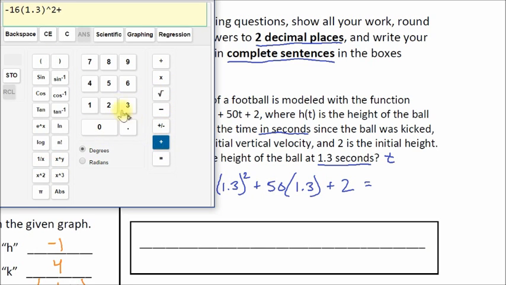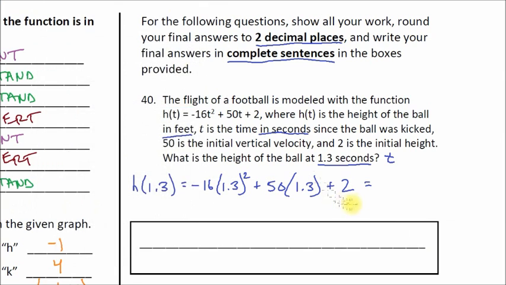Now I can see it, plus 50 parentheses 1.3 is our t value, close parentheses, plus 2. I'm going to press equal, and I got 39.96. By the way, that's going to be in our height measurement, which is feet.